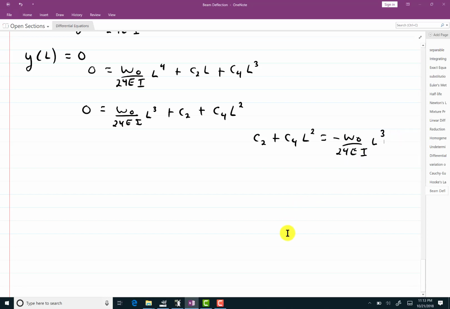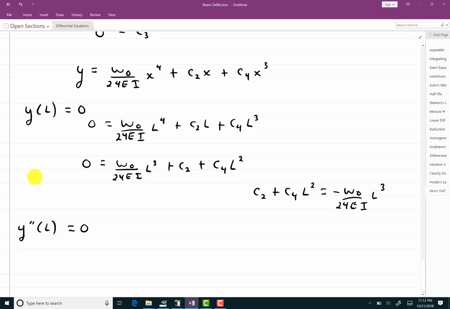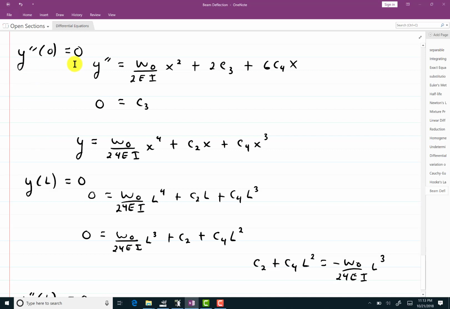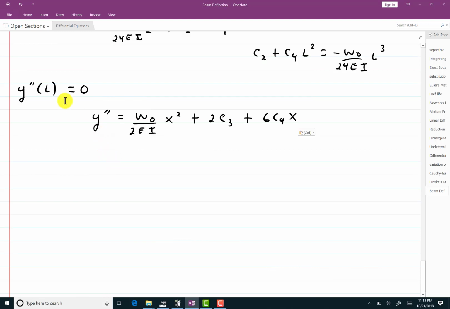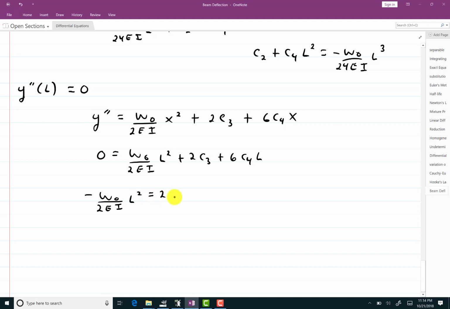Now we also had that y double prime of L was equal to 0. Let me grab the y double prime equation again. And so I'll replace x with L. I get 0 equals w naught over 2EI L squared plus 2c3 plus 6c4L equals 0. And I'll take that over on the other side. So negative w naught over 2EI L squared equals 2c3 plus 6c4L.